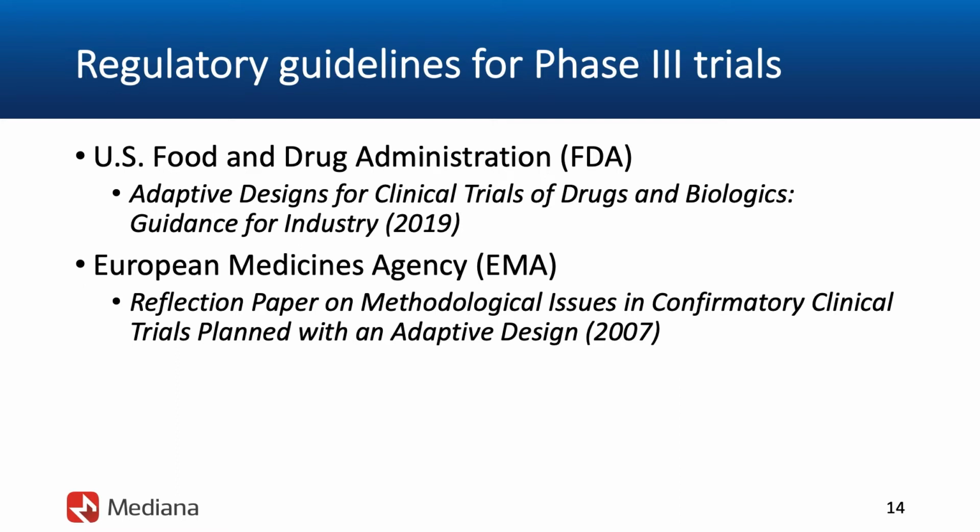And in addition to that, a European regulatory agency, the European Medicines Agency or EMA, also published a guidance document earlier, back in 2007. This is a more general document, known as a reflection paper on methodological issues that arise primarily in confirmatory clinical trials that employ adaptive designs.